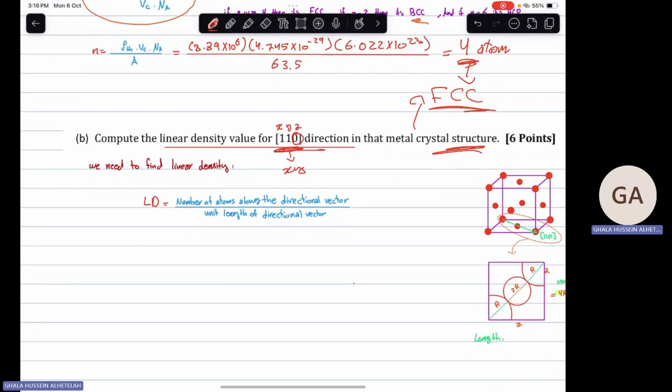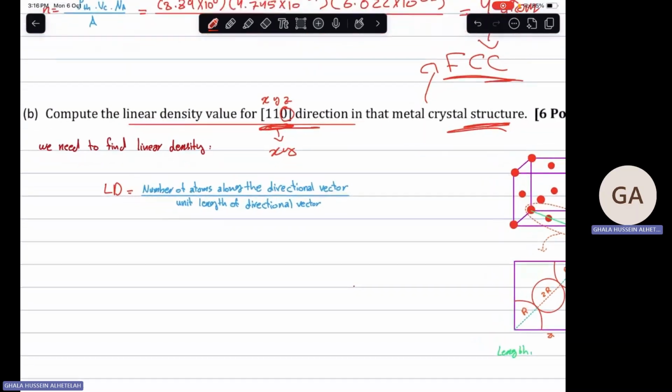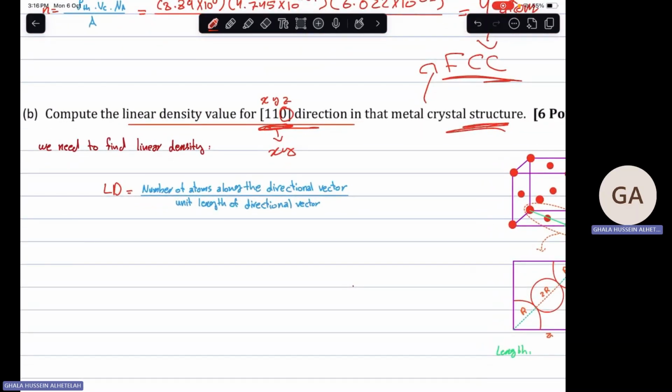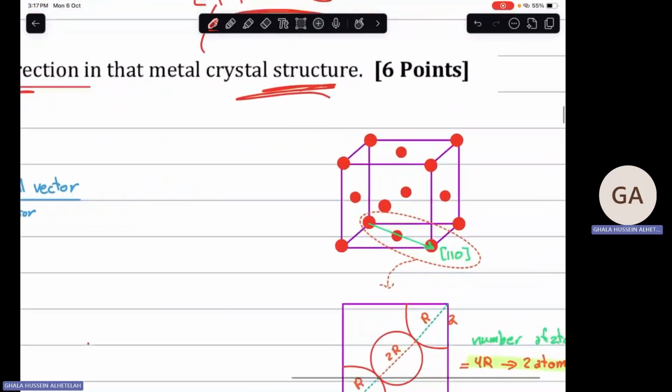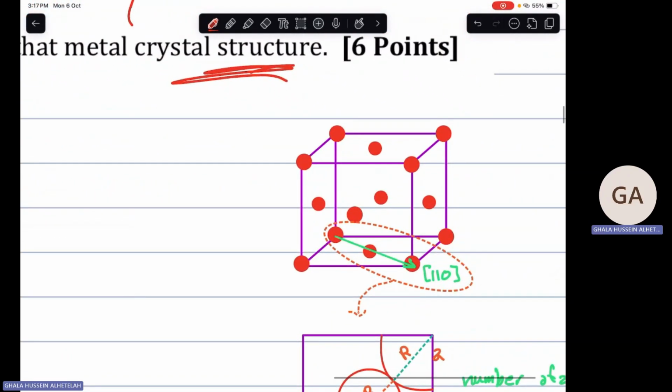Okay, we know that the linear density is the number of atoms along the line direction of the vector divided by the length of this directional vector. Okay, let's draw the direction, which is basically 1 along the x-axis and 1 along the y-axis.